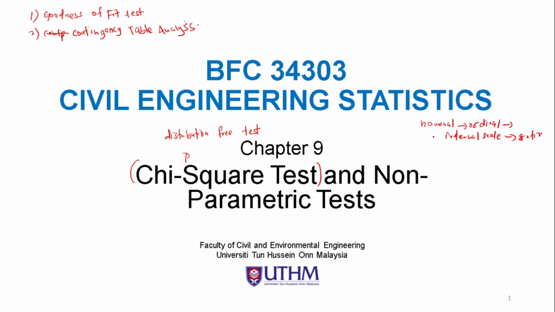For a parametric test, we need to assume that the data must be at least interval scale. Then you can use the data for a parametric test. But for non-parametric tests, the data is nominal and ordinal, which involves categorical variables.